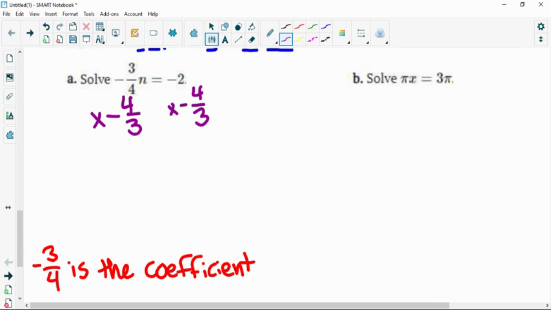Multiplying by the reciprocal, negative 3/4 times negative 4/3 leaves me with only a 1 in front of my n, which is okay, but we don't write the 1. And now all I need to do is negative 2 times negative 4/3.